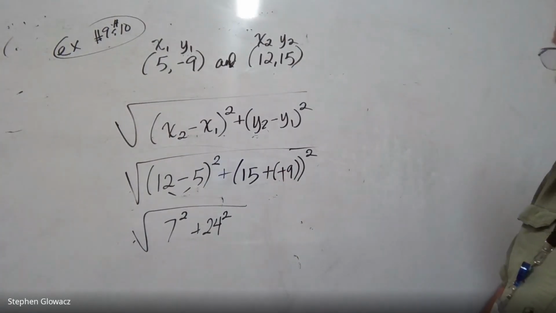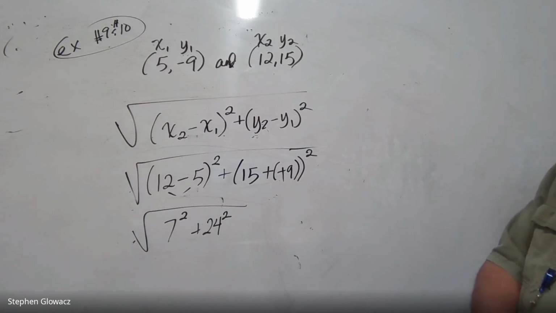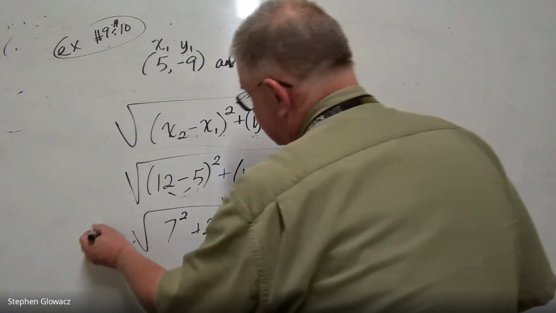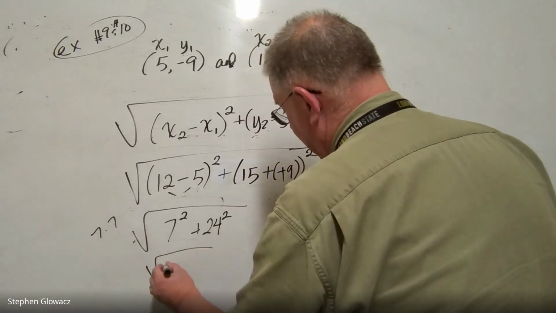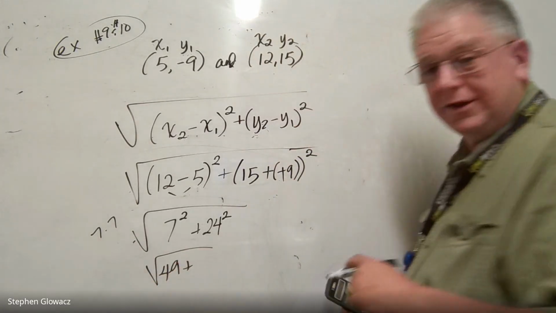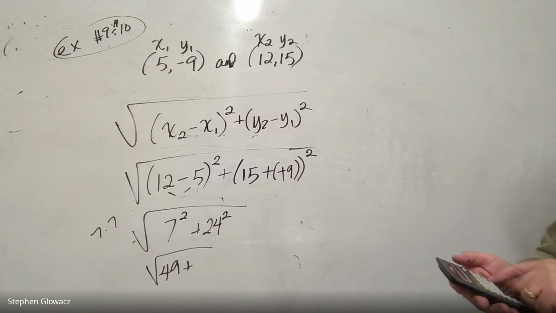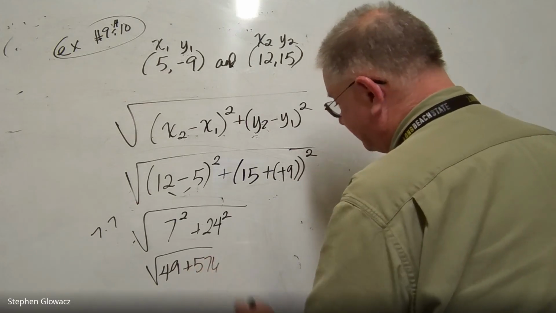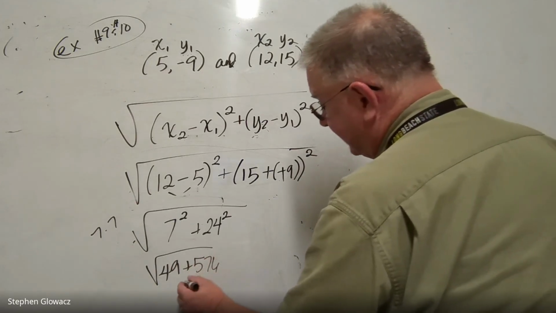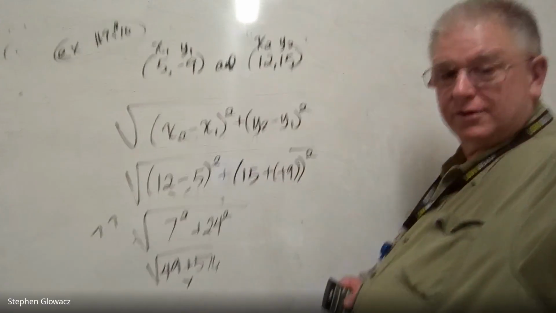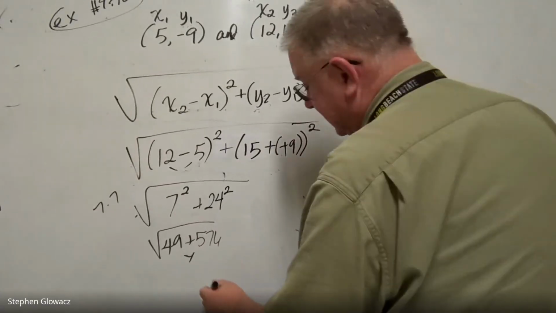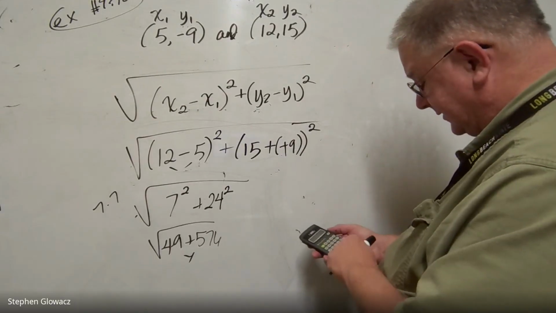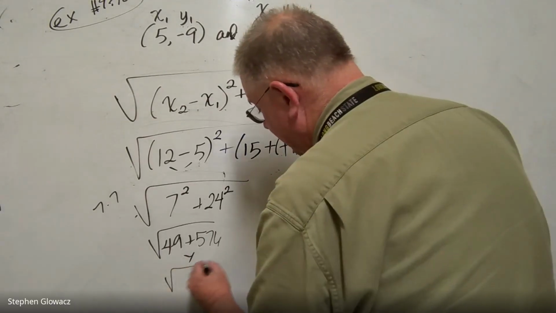All right, so now it's time to do the exponents. We have 7 squared, which of course means 7 times 7, which is 49. And then 24 squared, which means 24 times 24, which is 576. Next, we're going to add these up. 49 plus 576 is 625.